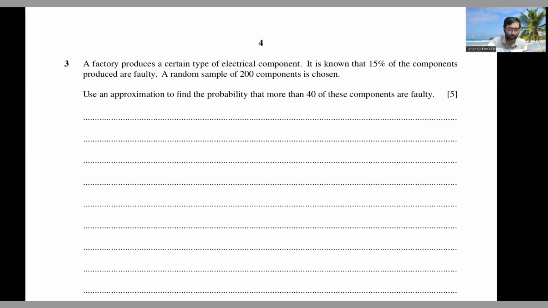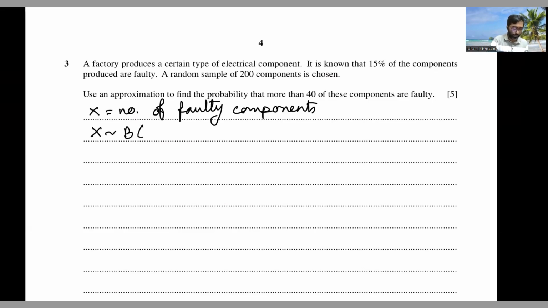So it's a binomial distribution, where X is the number of faulty components. X follows a binomial distribution, where n is 200 and the probability of success, that is, the probability of being faulty, is 0.15.